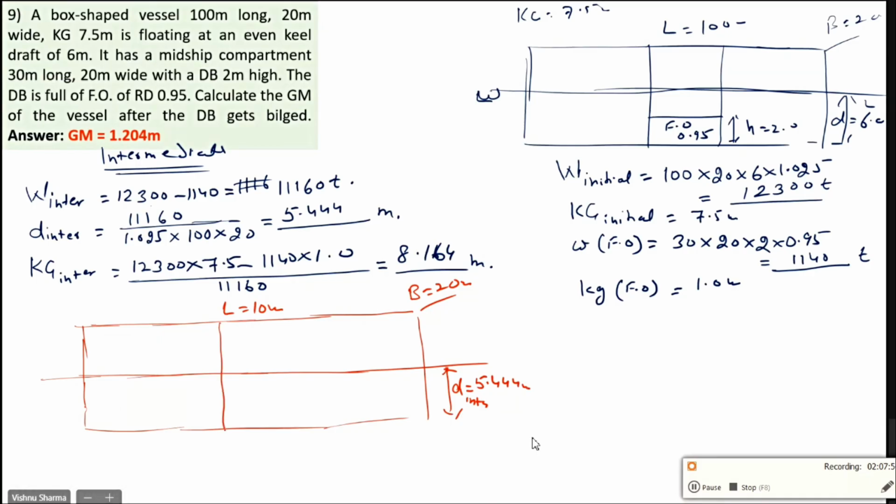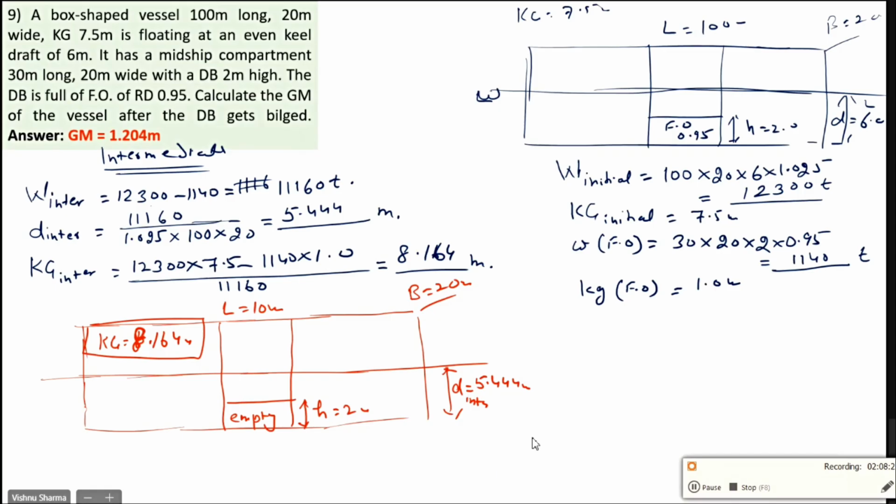There is a midship compartment here with a DB of 2 meters height. And the KG of this vessel now is 8.164 meters. Please pay attention to the draft and KG. And this is now empty.